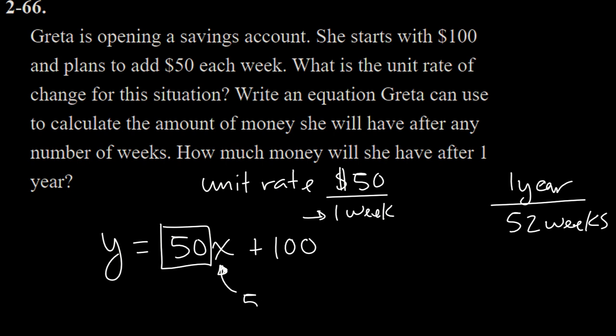I'm going to plug 52 in for x, and I definitely want a calculator for that. So I'm going to grab it and go 52 times 50 plus 100. So if she kept up the $50 each week, this account balance y should be $2,700 after 1 year.